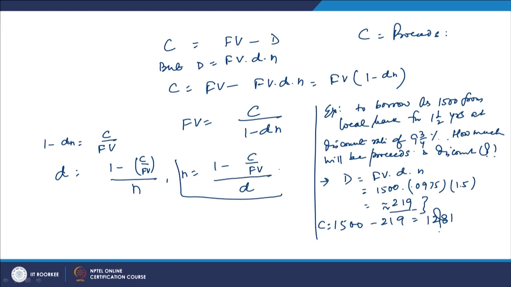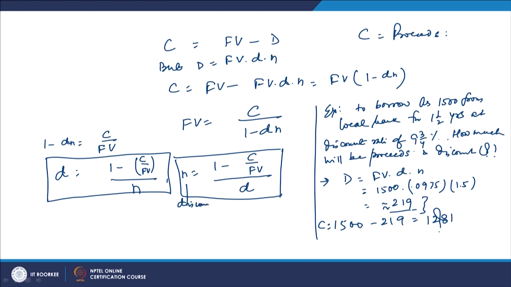So this way you will have the expressions by which you can compute the discount rate and the discount term. This is the formula for the discount term, and this is the formula for the discount rate.